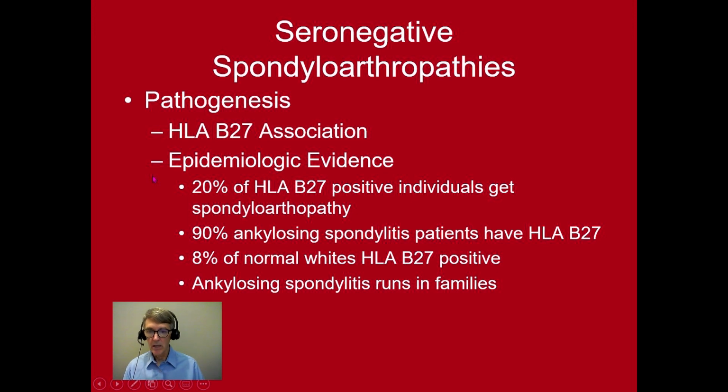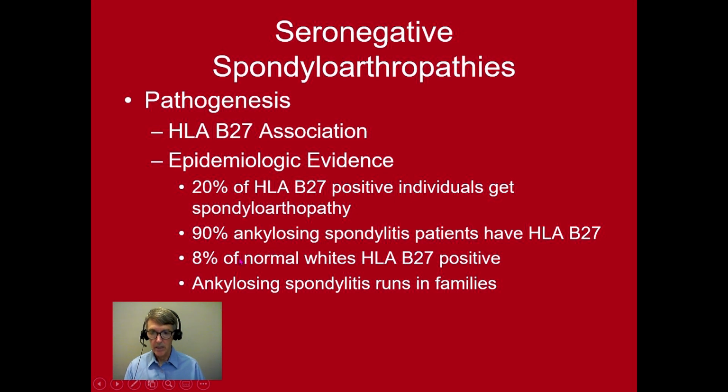First, there's what we call epidemiologic evidence, and that is, what do we see when we look at patients that have these diseases? 20% of patients that have the HLA-B27 will get a spondyloarthropathy, one of the seronegative spondyloarthropathies. Of our patients with ankylosing spondylitis, 90% will have the HLA-B27.